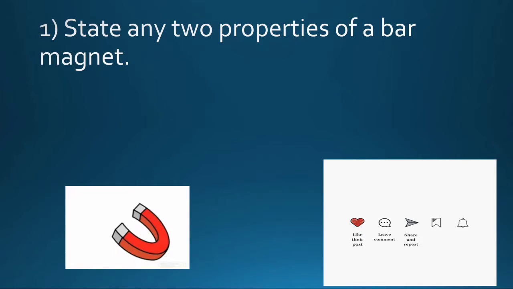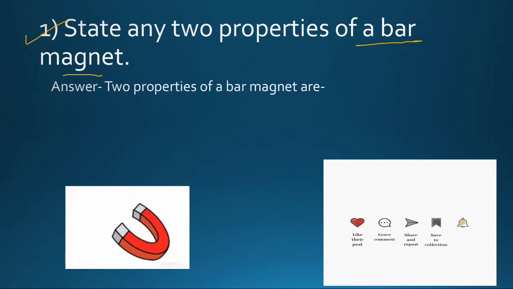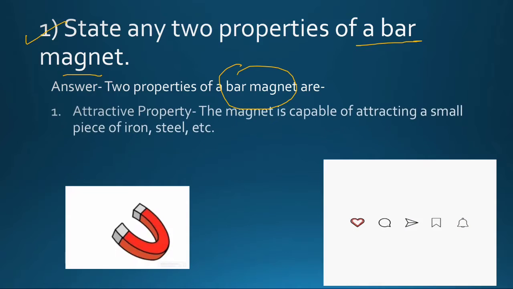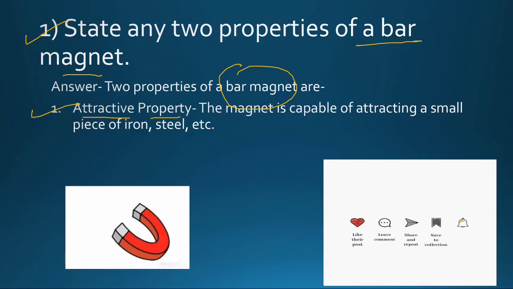Question 1. State two properties of a bar magnet. Answer. Two properties of a bar magnet are: Point 1. Attractive property.